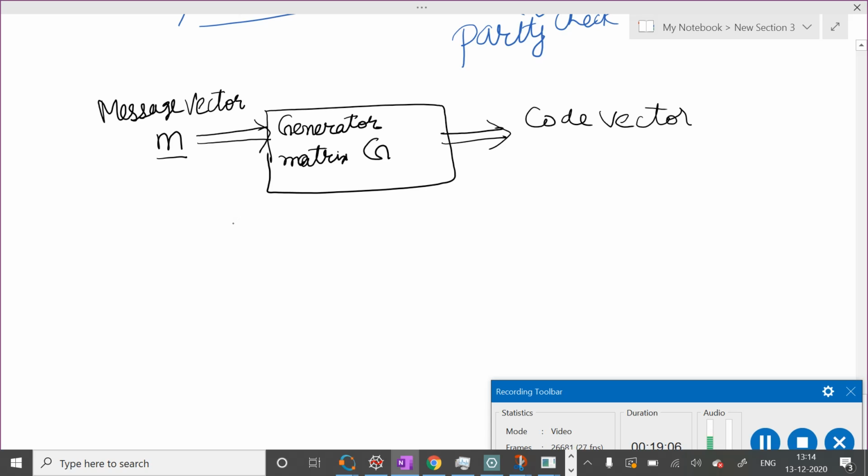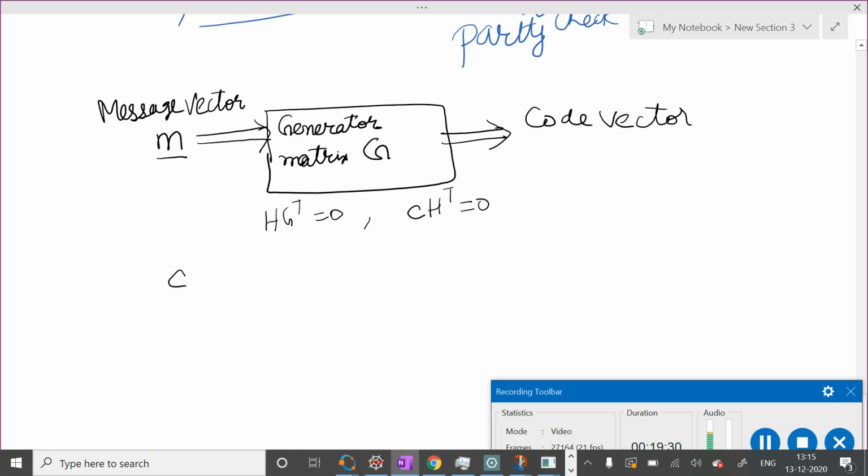We proved this property in the previous video. Just recall the parity check matrix and generator matrix. That was H G transpose equals 0, which immediately gave us C H transpose equals 0, right?